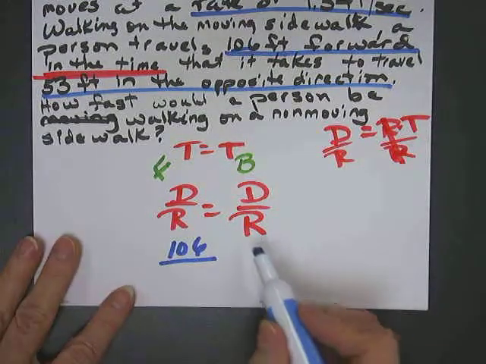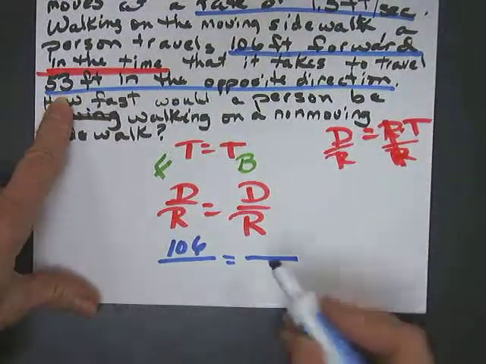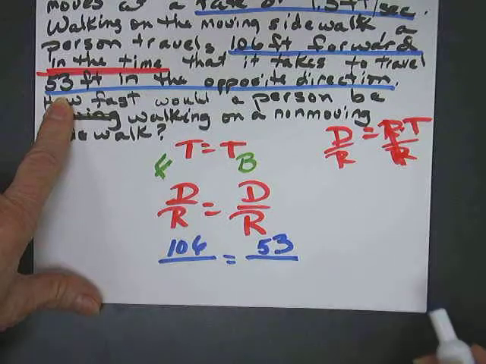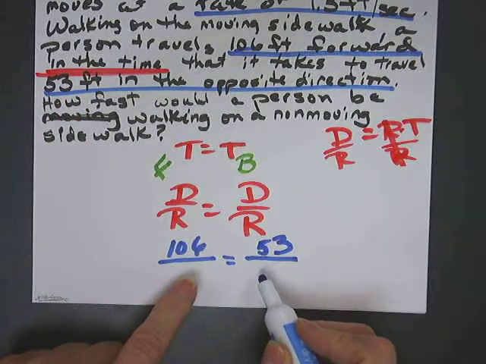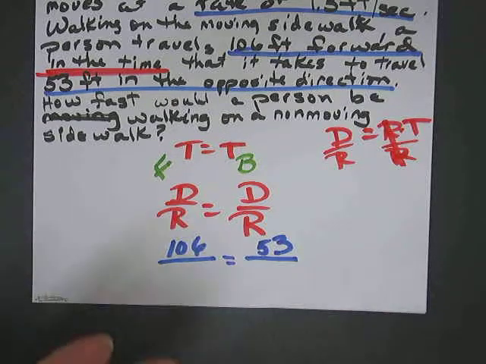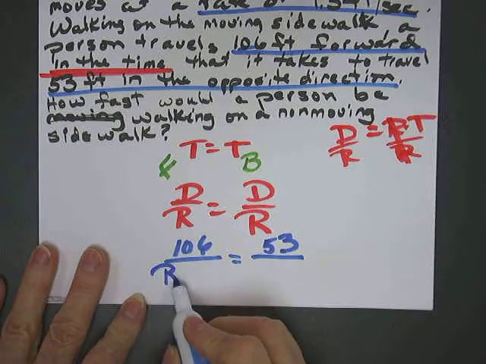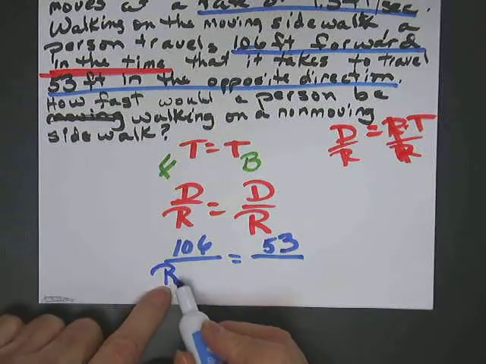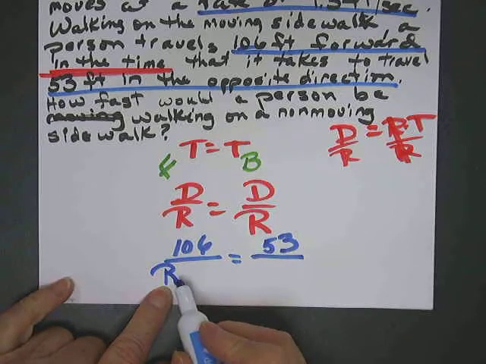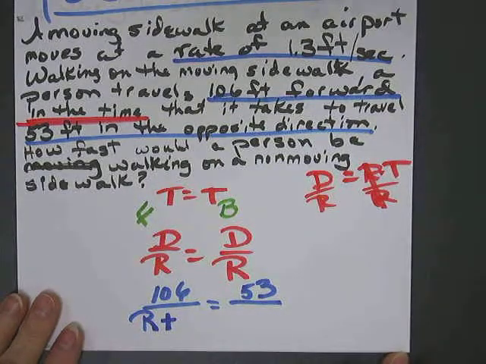Okay. So, what was the distance going forward? 106. Right. 106 feet. And the distance going the opposite direction, 53. Okay, we have rates here. The rates will be the rate plus the sidewalk or the rate minus the sidewalk, right?